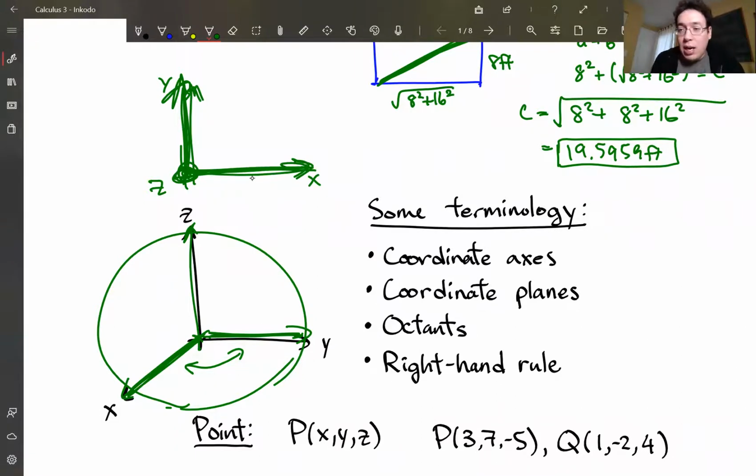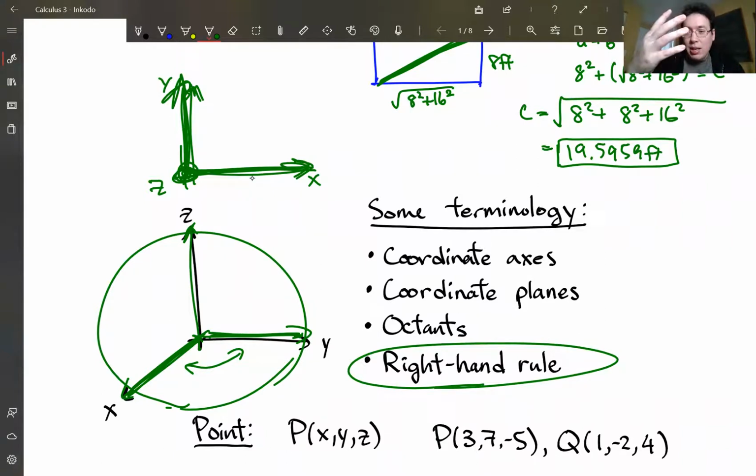So how do we keep straight which is which? Well, one way to determine this is what's called the right-hand rule. What you're going to do is take out your right hand and make an XYZ axis with your thumb, forefinger, and your middle finger.